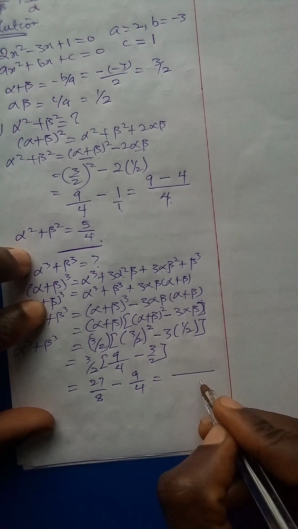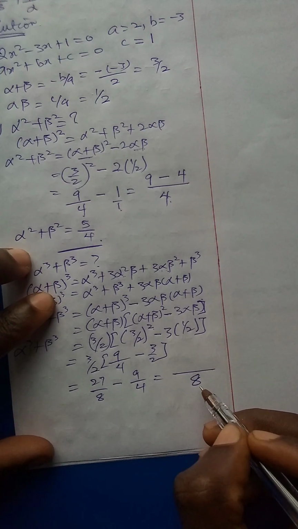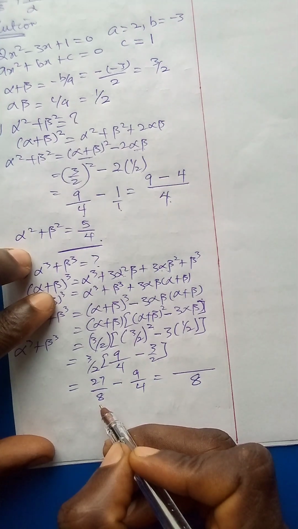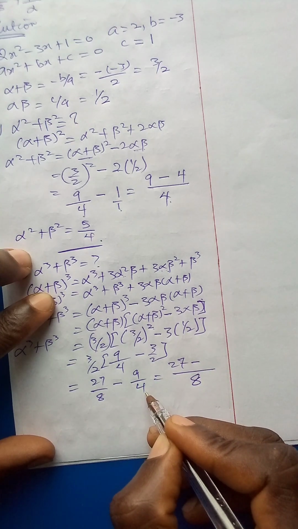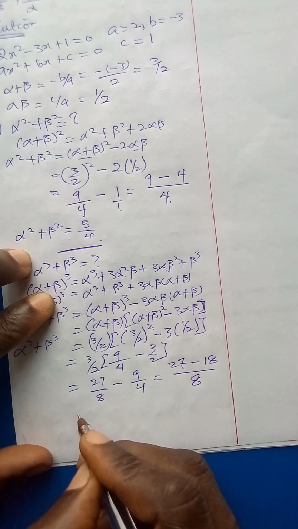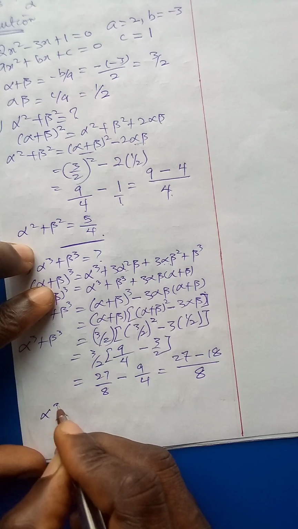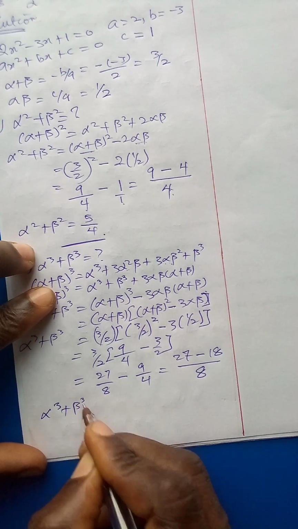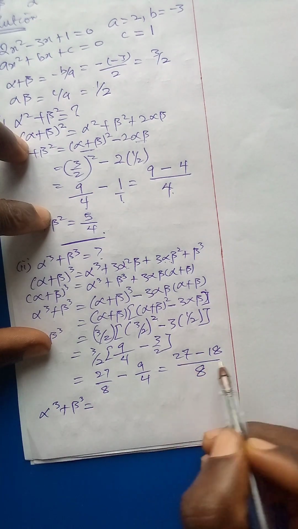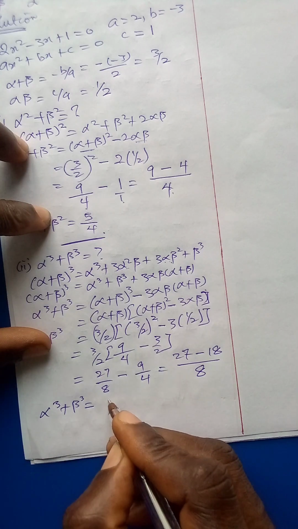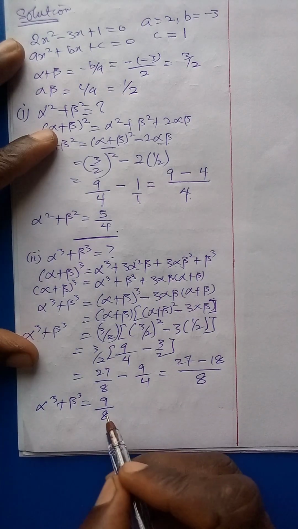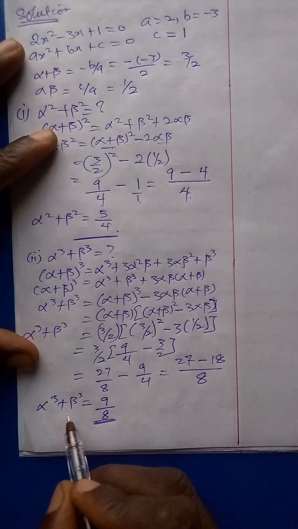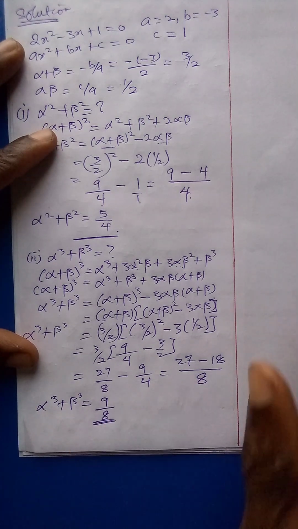The LCM is 8. 8 divided by 8 is 1. 1 times 27 is 27. And 8 divided by 4 is 2 times 9 is 18. So alpha cube plus beta cube will now be 27 minus 18, which gives us 9 all over 8. So we have 9 over 8 as the value of alpha cube plus beta cube.